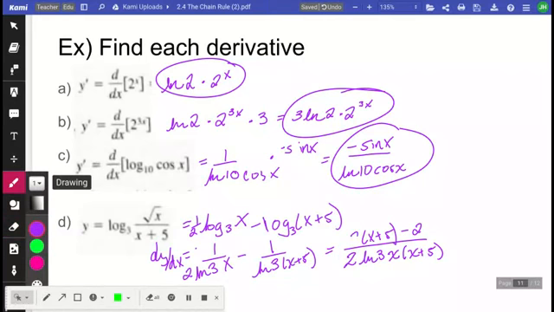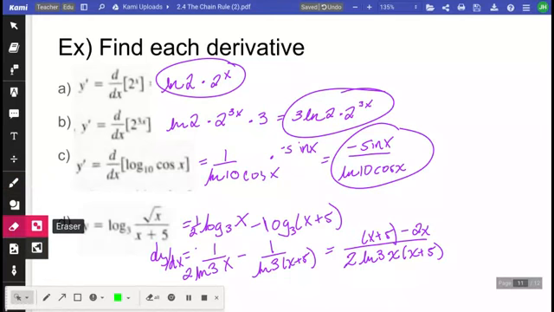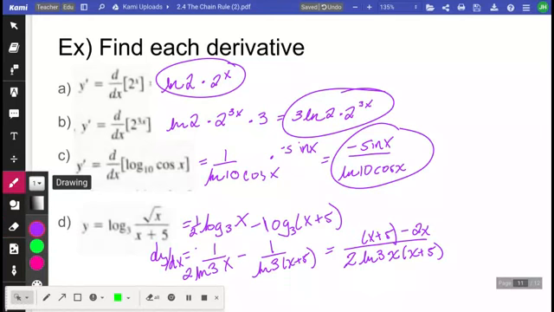Where's my marker? So we have 2 x plus 5 minus 2x. There we go. So the right side, let me just write that out so we have everything. This side, I needed to multiply top and bottom by the 2 and the x. This side, I need to multiply top and bottom by the x plus 5 as a whole.